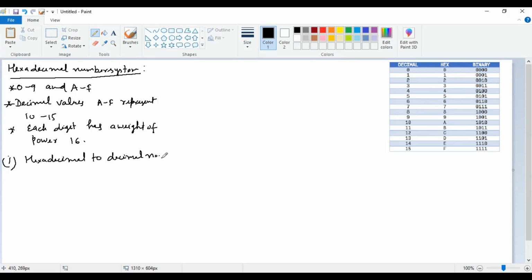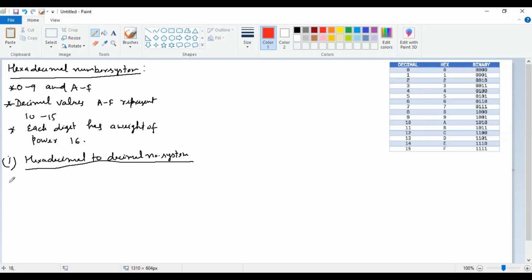A hexadecimal number is a base 16 numbering system and the decimal number system is a base 10 numbering system.